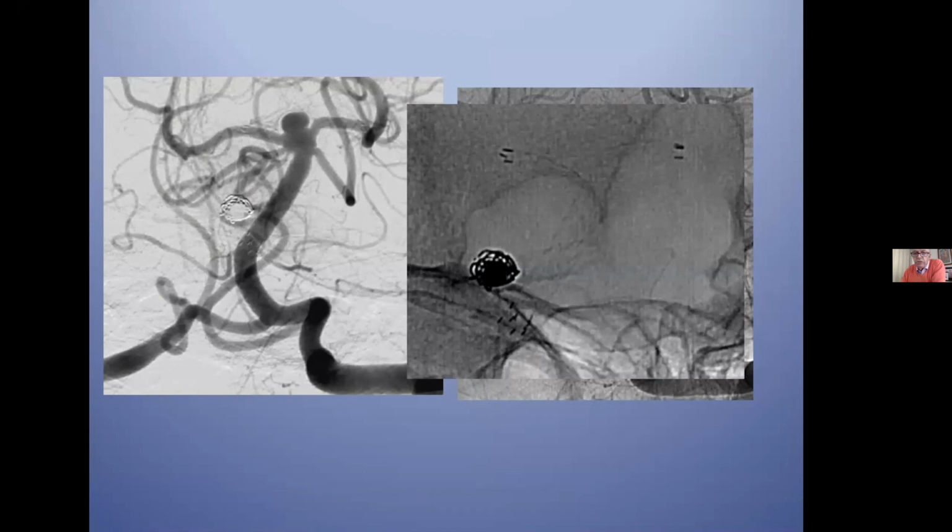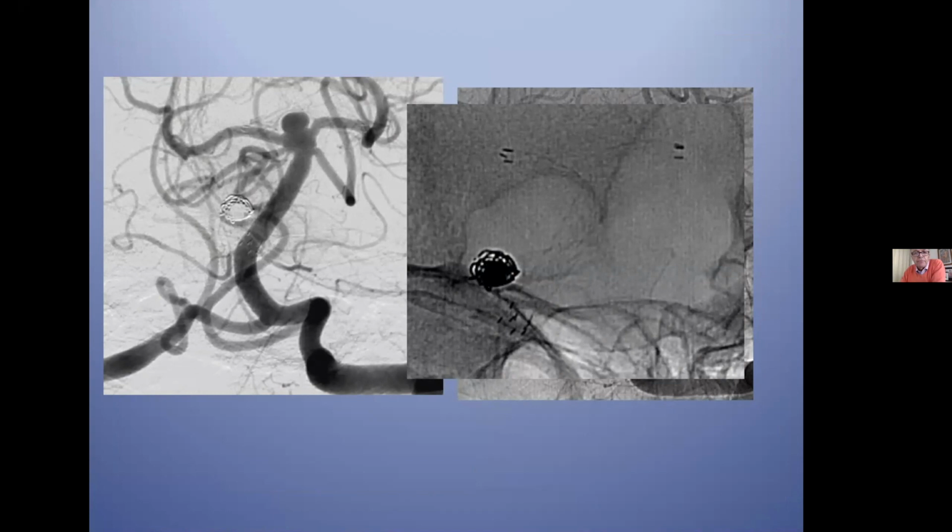This is another case. I decided to use a double stent. Why? Because sometimes I don't know where the initial part of the neck is. I don't know if it's here or here. This is the reason when I presented the case, René Chapeau or Juha Gula presented the case.